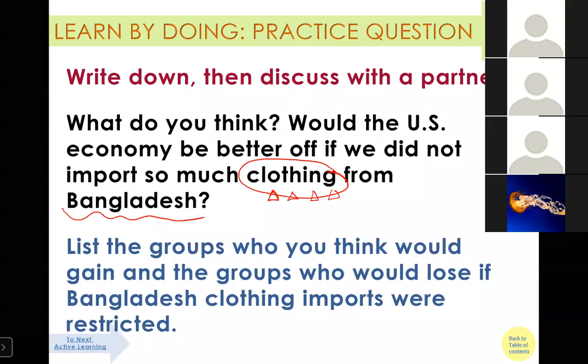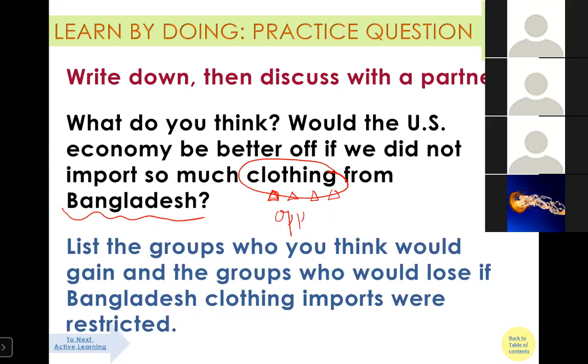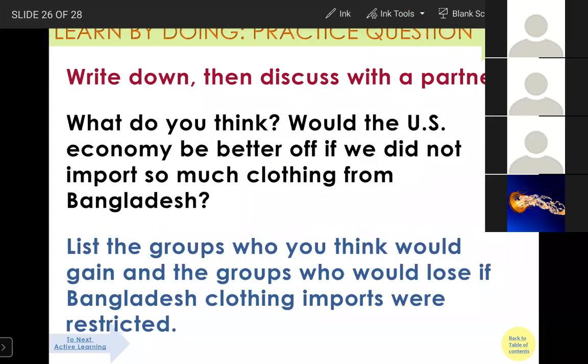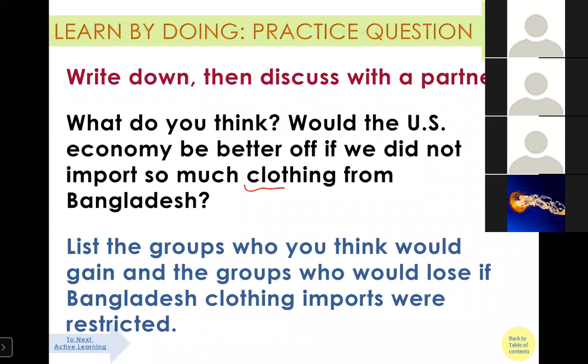The reason must be that the opportunity cost of producing clothing is lower in Bangladesh compared to the United States. So it's better we let whoever specializes in producing clothes produce that and we purchase it from Bangladesh.